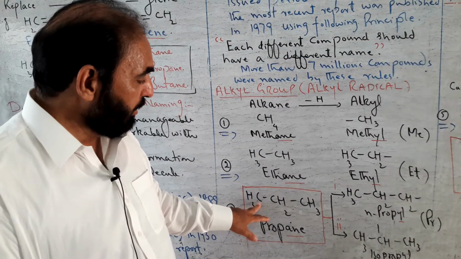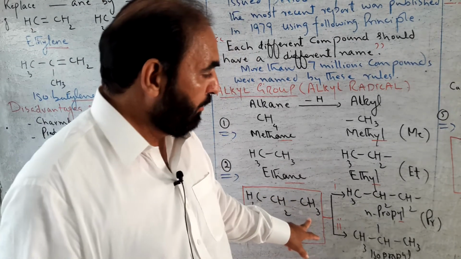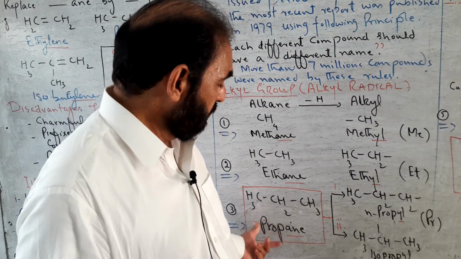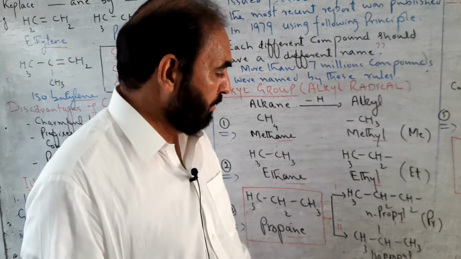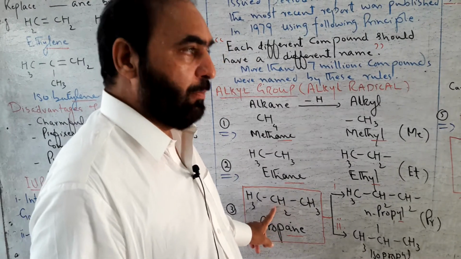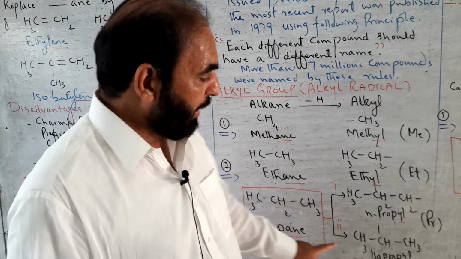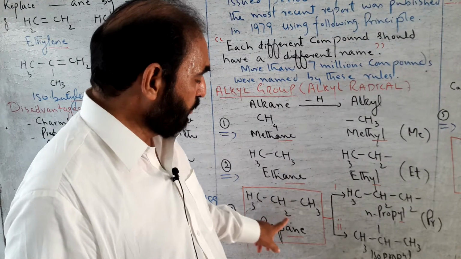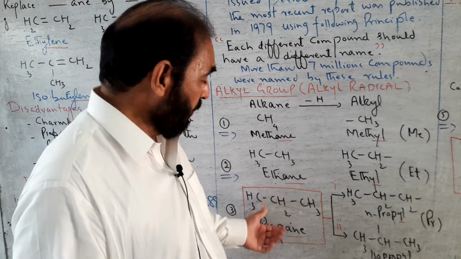So when we remove hydrogen from carbon on left side or carbon on right side, we get first alkyl group from propane, which is given the name of N-propyl. If we remove hydrogen from the middle carbon, carbon number 2, we get isopropyl. This carbon is with 2 hydrogen atoms, showing its valency complete with number 4.